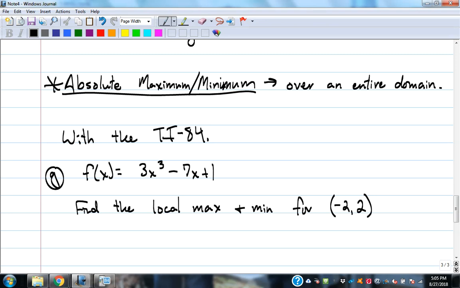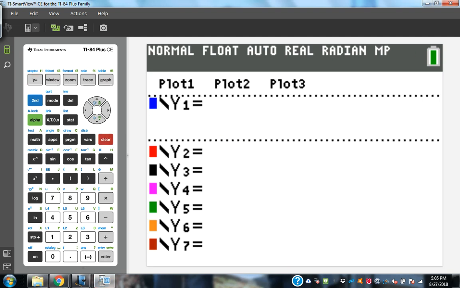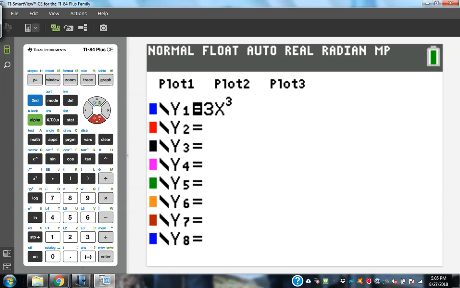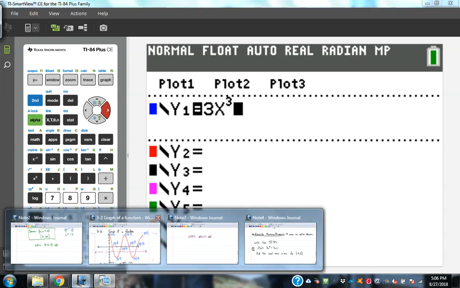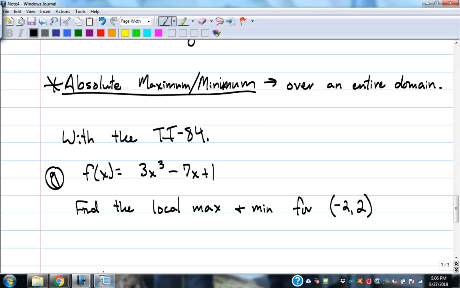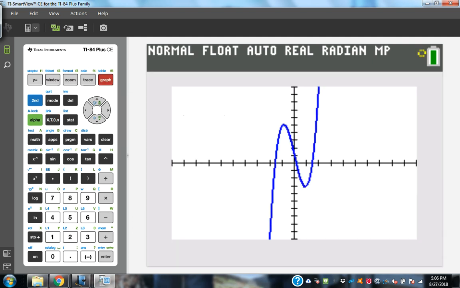So what we're going to do with the graphing calculator is graph that equation: 3x to the third minus 7x plus 1. We graph that.